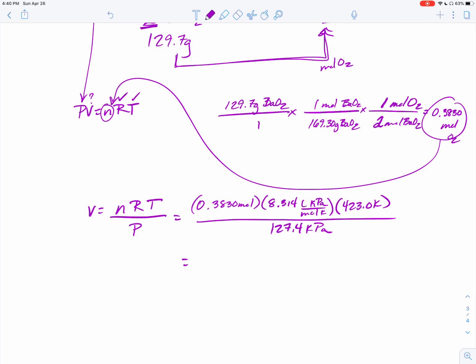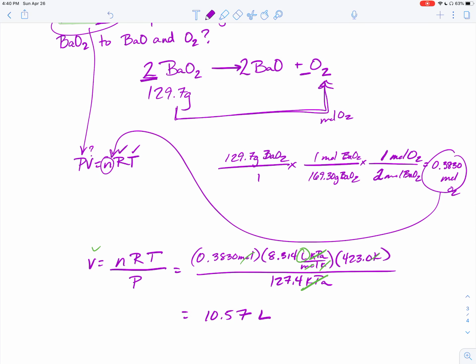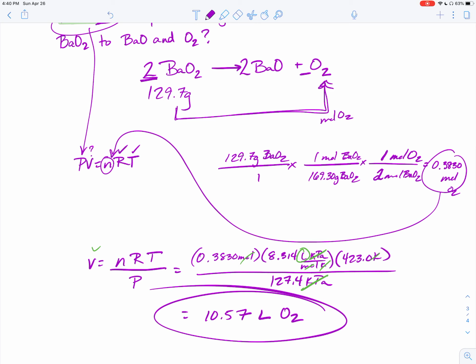Before you plug this into your calculator, check your units really quick. Kilopascals cancel, Kelvin and moles cancel, leaving us with liters, which is what we want since we're calculating volume. Plugging it all in and solving for 4 sig figs, I get 10.57 liters. That's how many liters of oxygen you will make in that reaction.